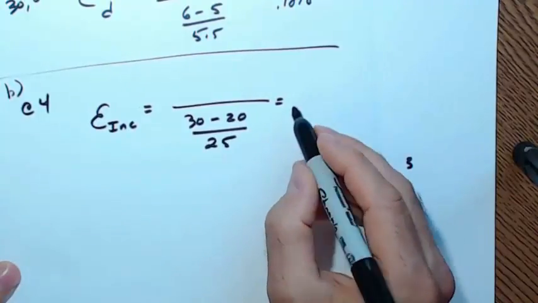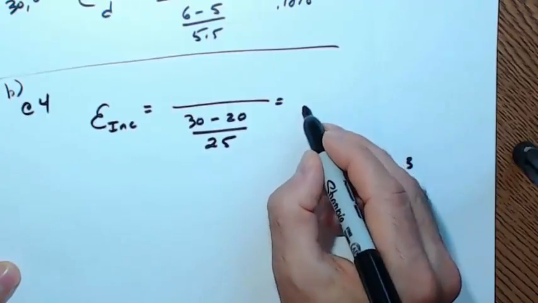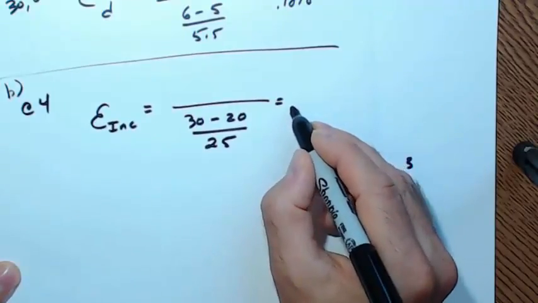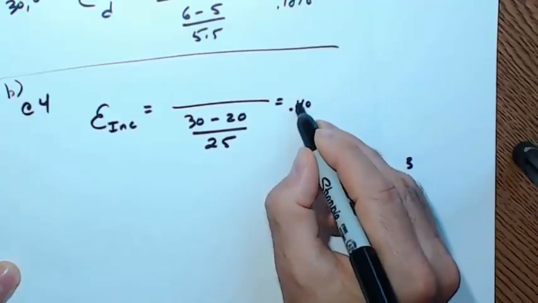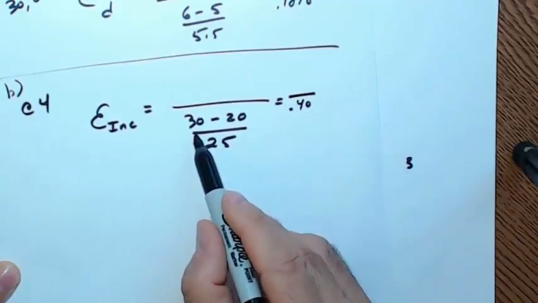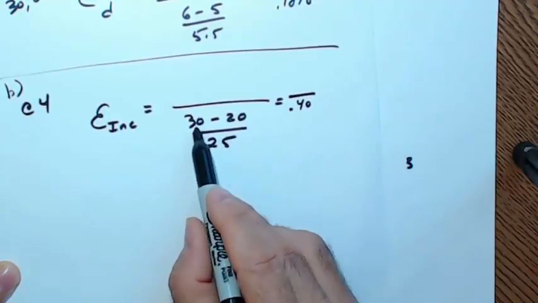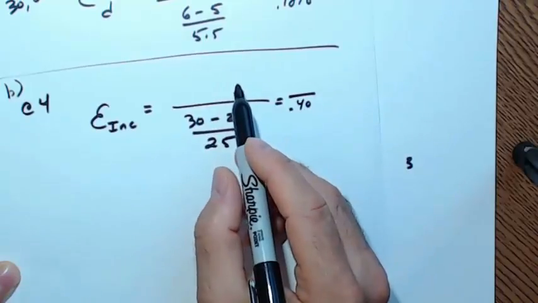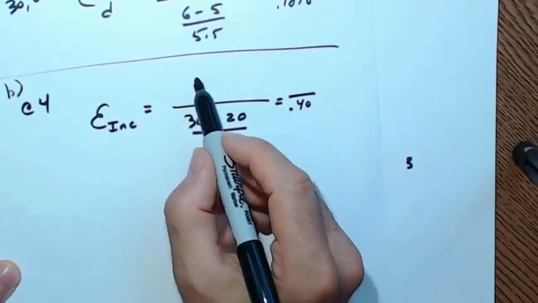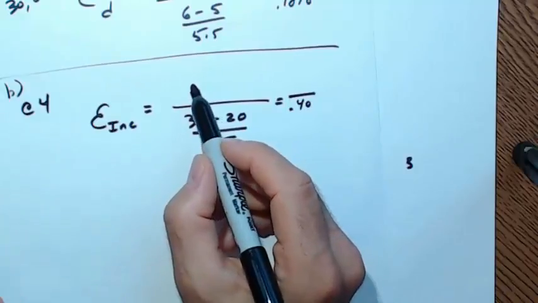The bottom of the fraction is the percentage change in income, which is 0.4, 40%. We have a 40% increase in income from 20 to 30,000. And then the quantity demanded went from 3 to 5.